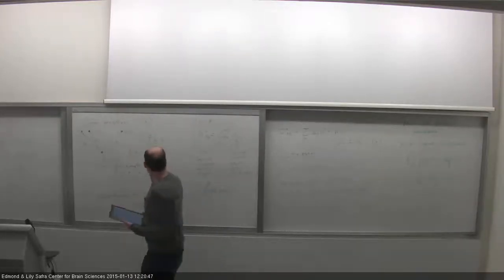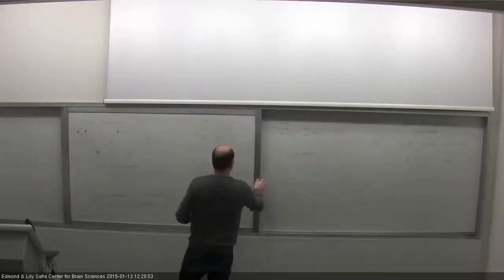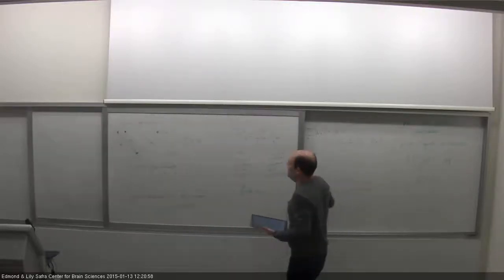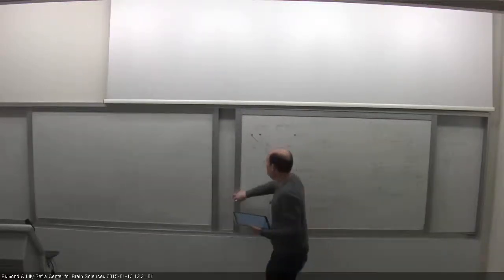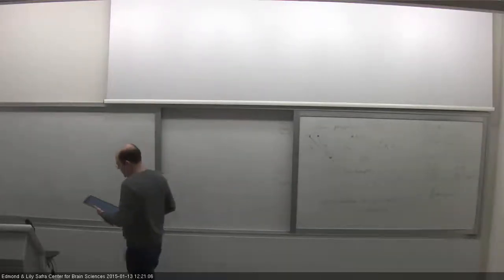So for this reason, we can define something called the generalization error, which is really the average error over arbitrary examples.